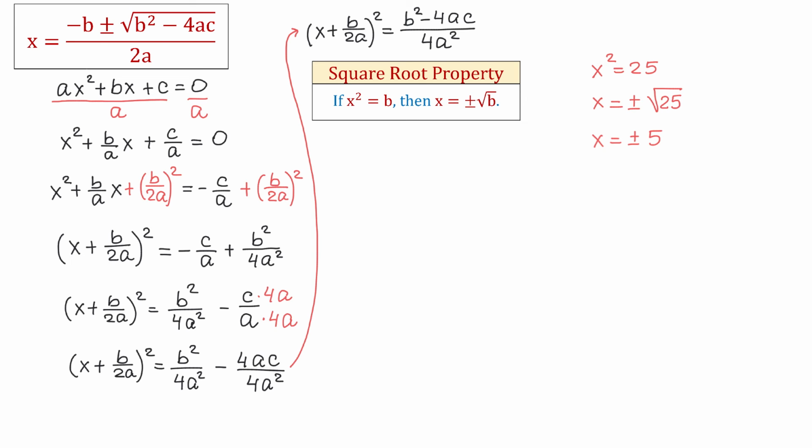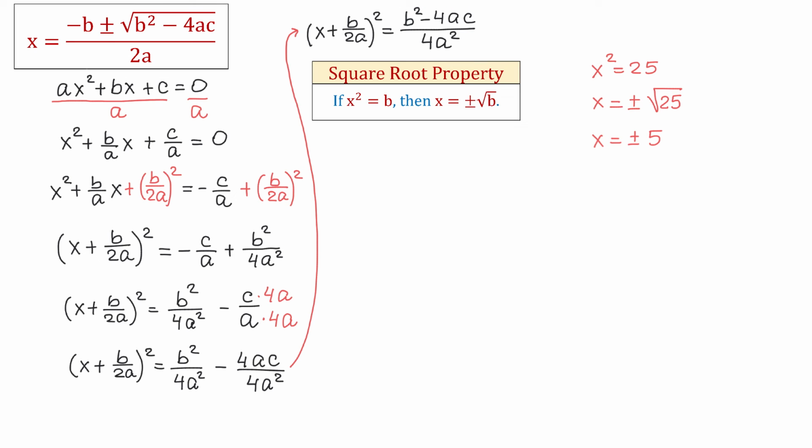So 5 to the second power is 25, and negative 5 to the second power is also 25. So according to this property, if on the left side we drop the exponent, then on the right side we need to write plus or minus square root. So then, in our problem, on the left side we will drop this exponent, and on the right side we will write plus or minus square root of this expression.